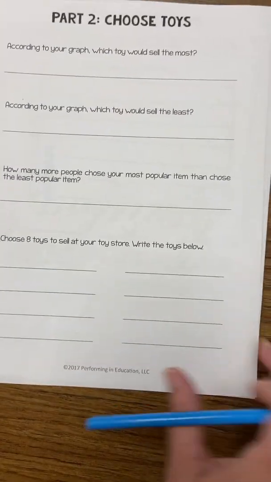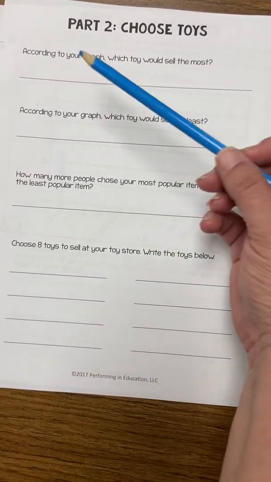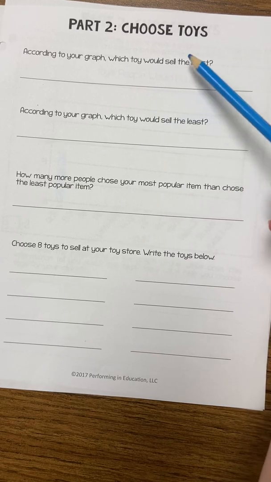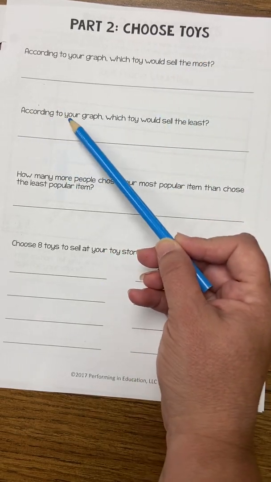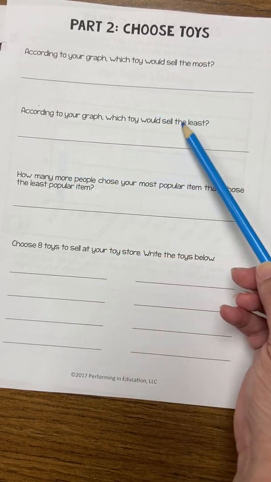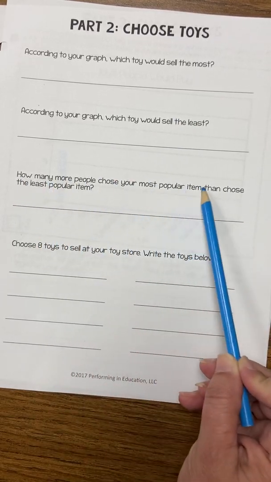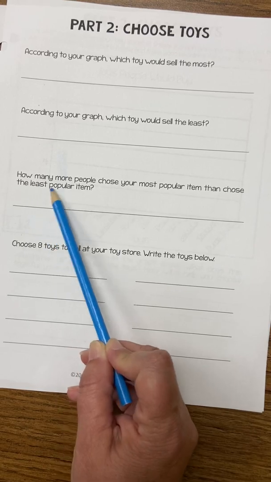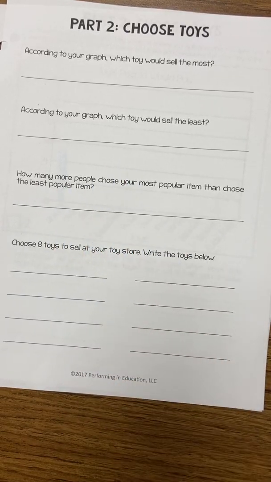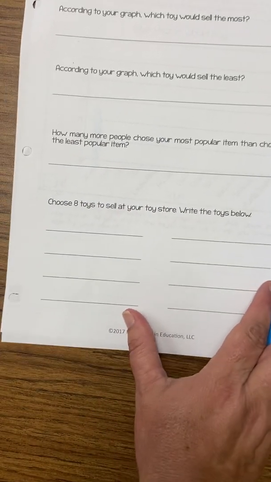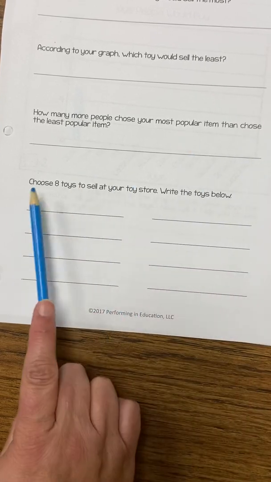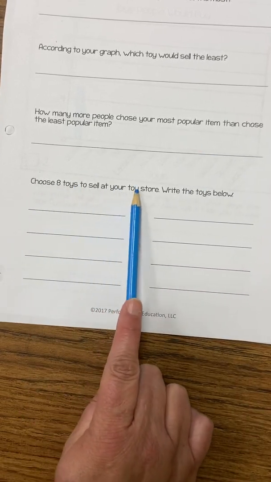Your other questions are, according to your graph, which toy would sell the most? According to your graph, which toy would sell the least? How many more people chose your most popular item than chose the least popular item? So you're going to do some calculations. And then here is where we get into selecting your toys. Choose 8 toys to sell at your toy store.